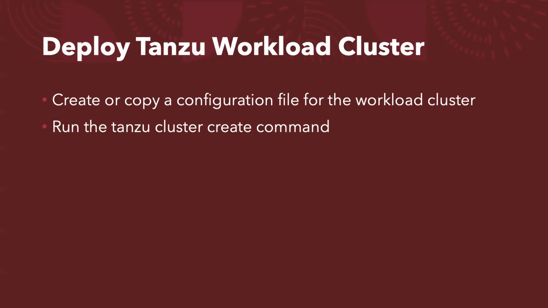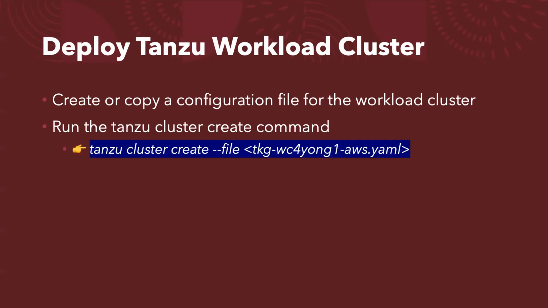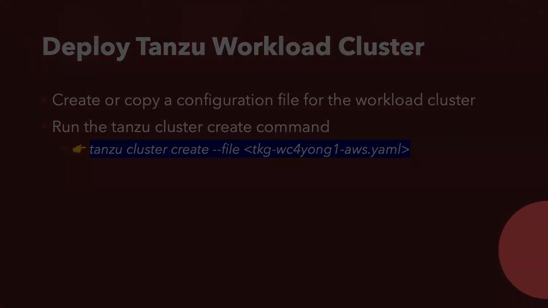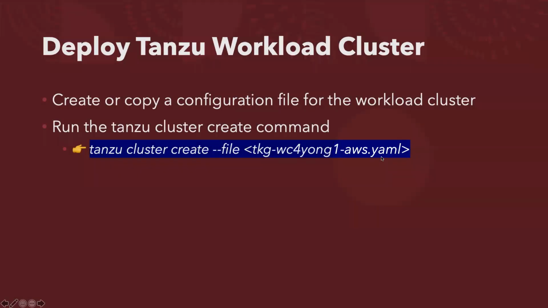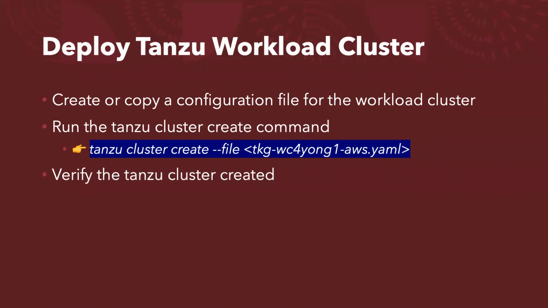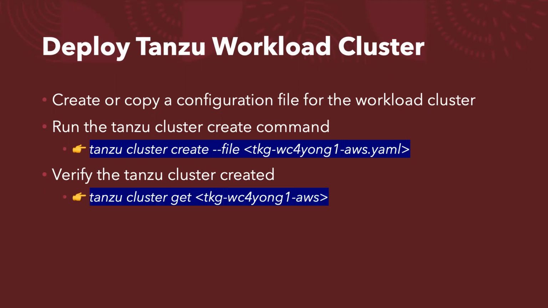After that, you just run tanzu cluster create followed by --file and then your configuration file. In this case, we will build the actual workload cluster. After the workload cluster completes successfully, you can verify the cluster created by this command, tanzu cluster get, and see the details of the cluster.